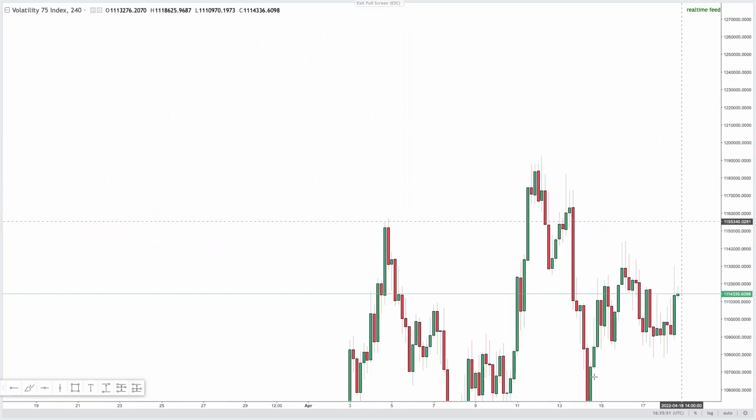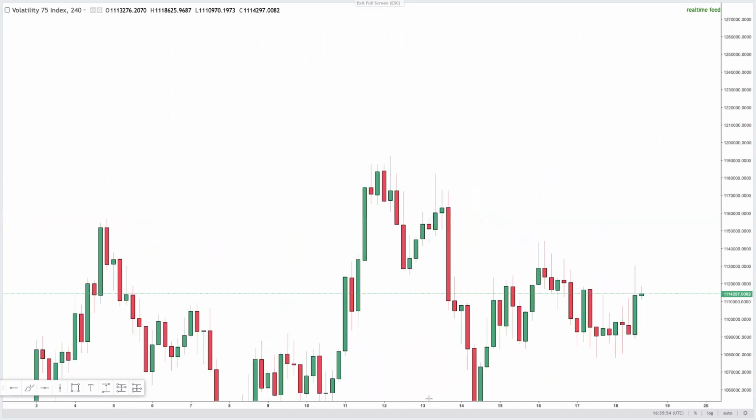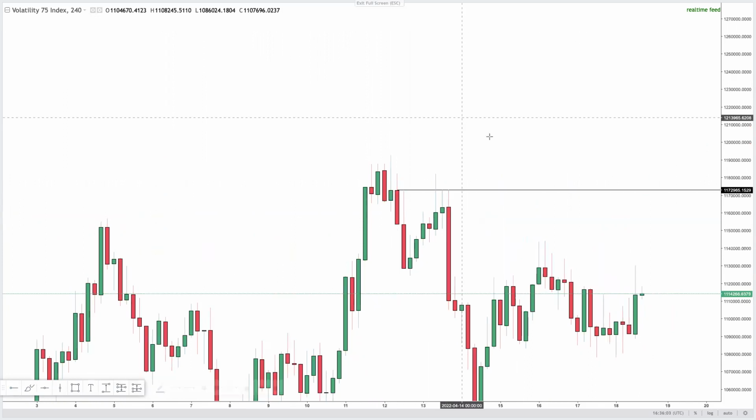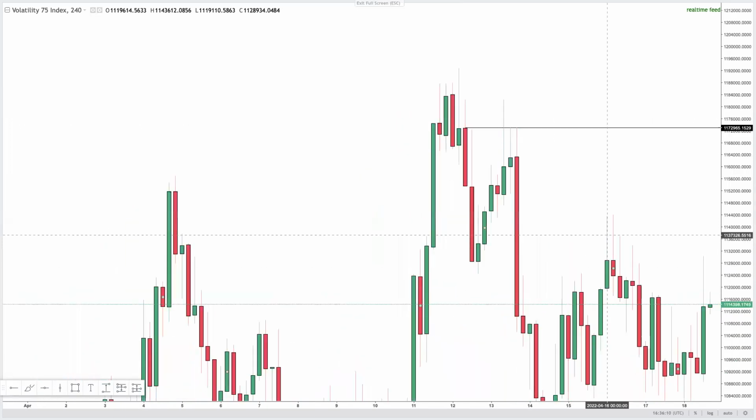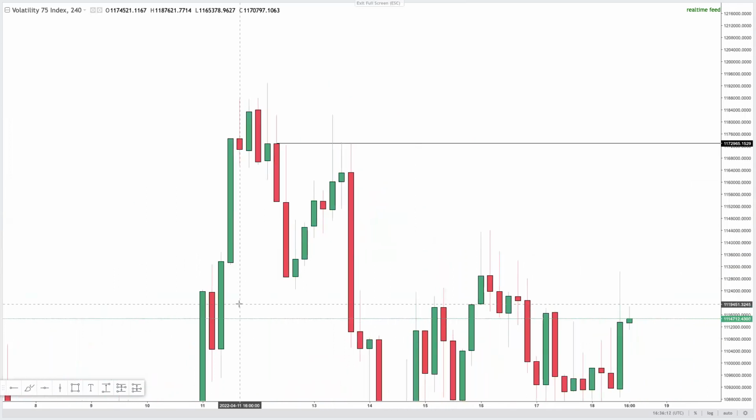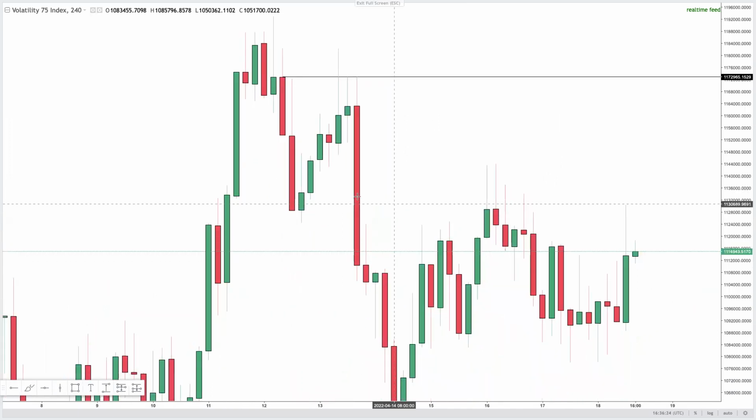We can see an example right here when price came to respect our invalidation X. When price came to respect our invalidation X, we had this candlestick right here. This candlestick right here. So this was our confirmation candlestick.